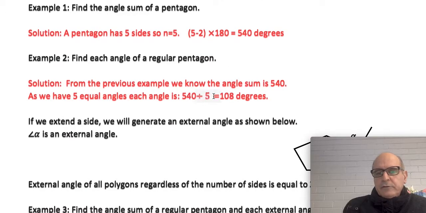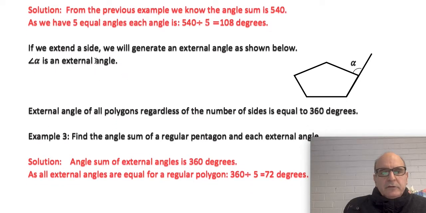So 540 divided by 5 gives us 108 degrees. So each angle inside a regular pentagon is 108 degrees. Remember, this will not be the case if it wasn't regular. If it wasn't regular, each angle would be different.